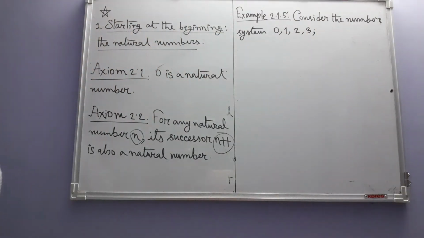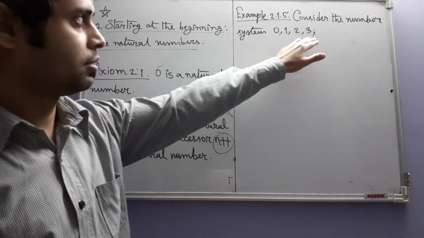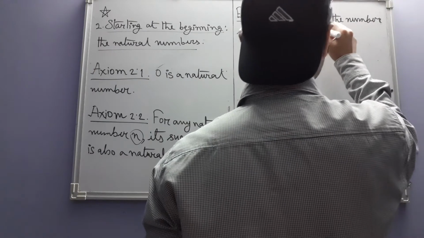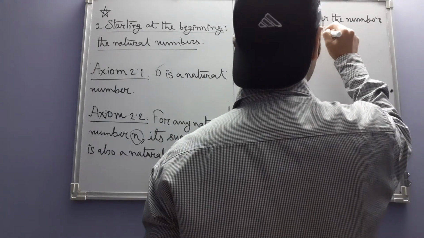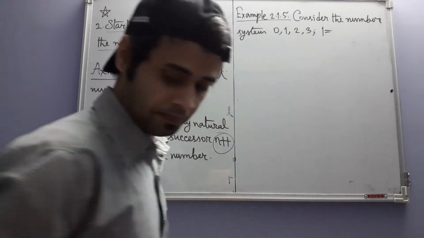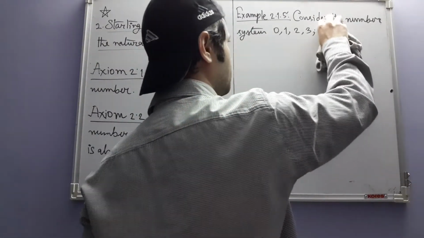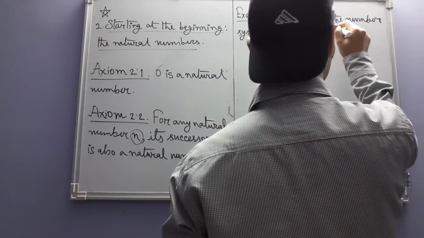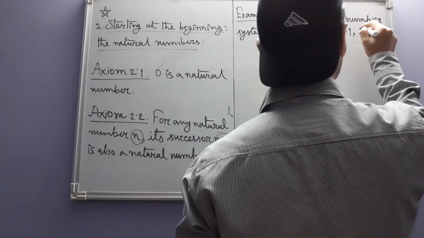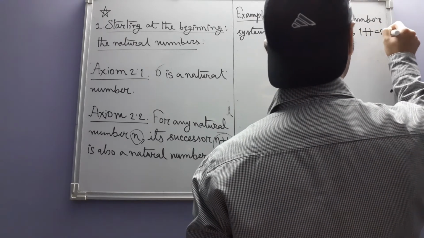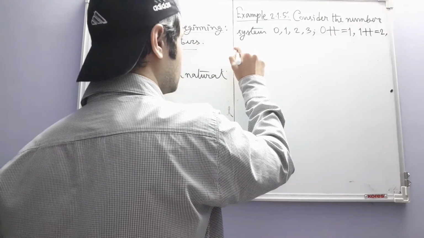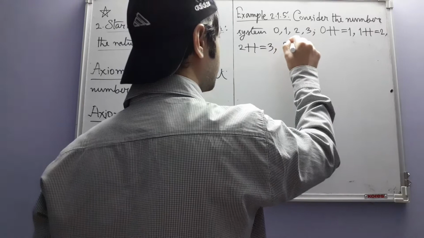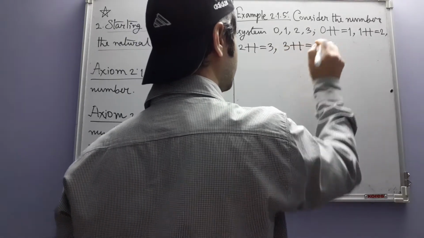So I consider a number system in which there are 4 objects, and, since I am not defining, let me write it the other way. 0 plus plus is 1, fine. 1 plus plus is 2. 2 plus plus is 3. And 3 plus plus is 0.